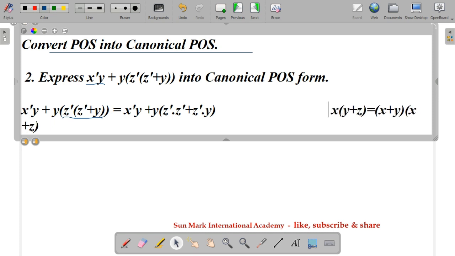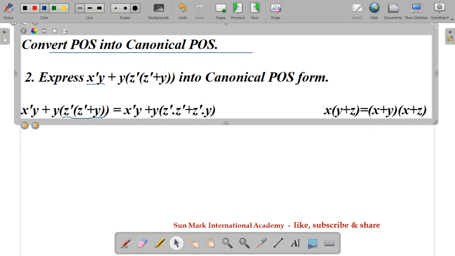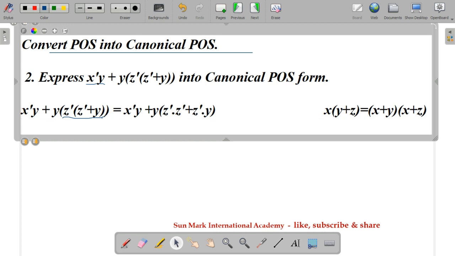So using the distributive law, we got x dash y plus y into z dash plus z dash y. That is equal to x dash y plus y into z dash into z dash, z dash.